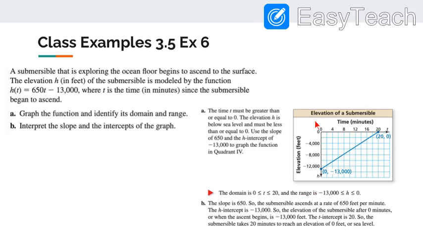The range starts at negative 13,000 and goes all the way up to 0, surface level. The slope here was already talked about. The time intercept of 20 means that it takes 20 minutes to get from negative 13,000 feet up to surface level.